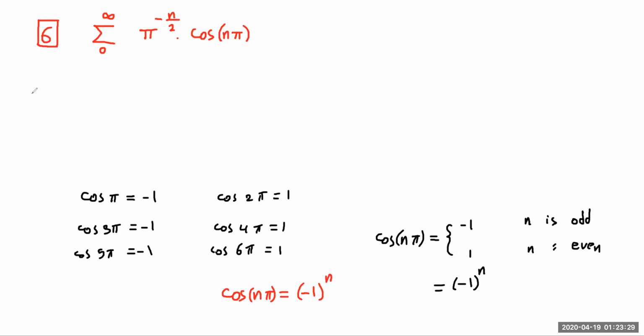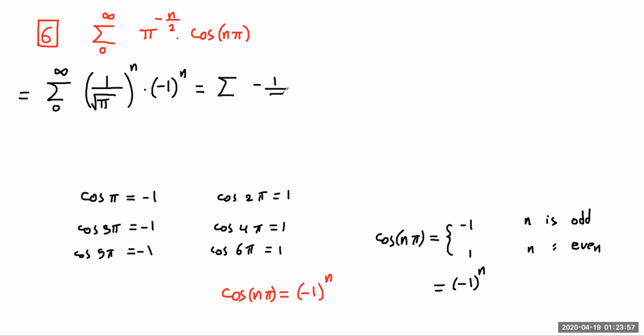So I can write this series as sigma. The term pi power minus n over 2 could be written as 1 over pi power n over 2, which is 1 over root pi power n, from 0 to infinity, times minus 1 power n. So also it could be written as sigma of minus 1 over root pi, power n, from 0 to infinity.